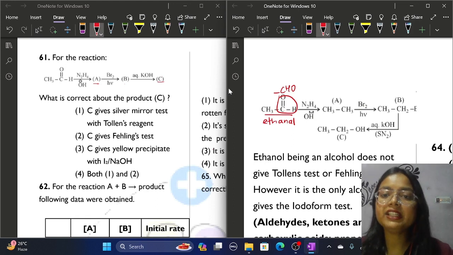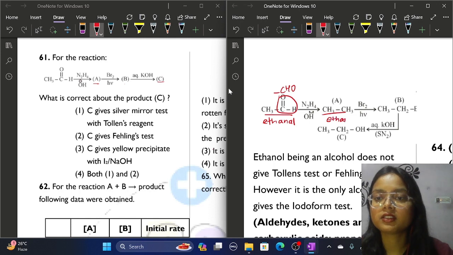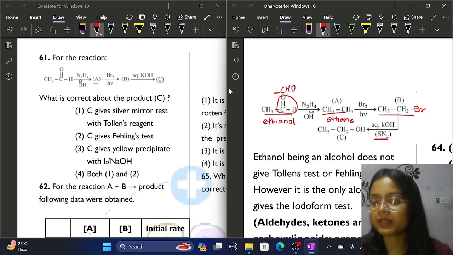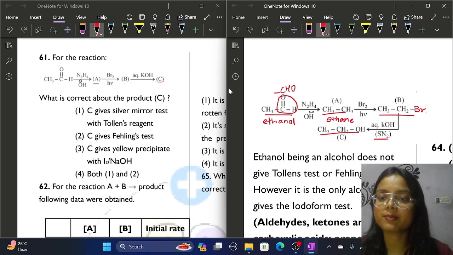So when it is treated with N2H4, it gives ethane, and when it is treated with bromine, this type of structure is formed. And then after KOH reacts, the SN2 mechanism is followed, and then this type of product is formed. This is ethyl alcohol, or ethanol, we can say.